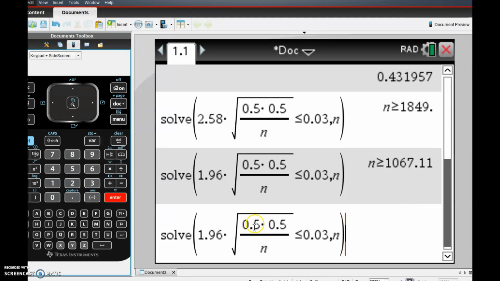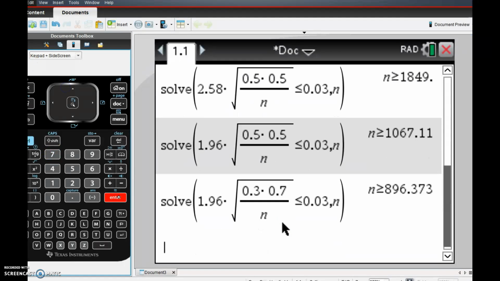If we change this to 0.3 and this to 0.7, now you only need about 900 people. That's not that big of a difference, only about 160 or 170 people, but it costs money to survey people, to make phone calls, to do whatever you're going to do. But if you predict this and those aren't the percentages, then you might not have enough people.